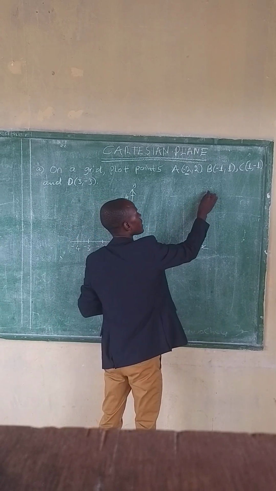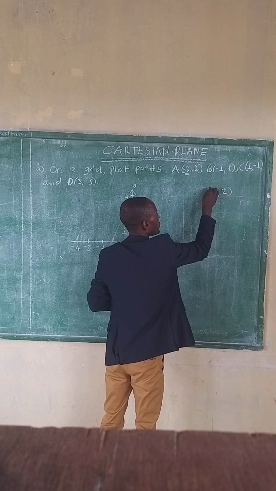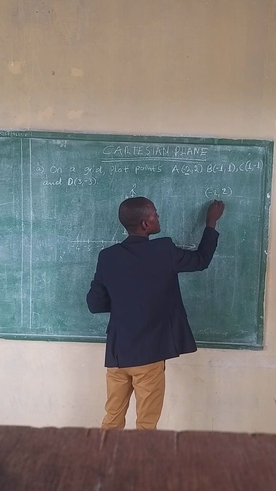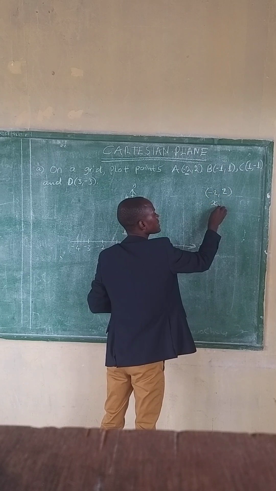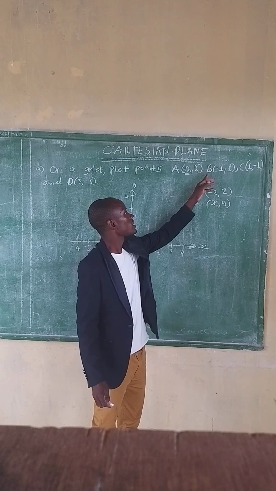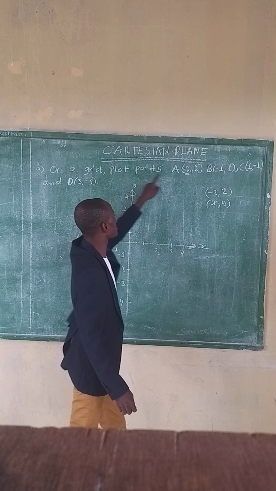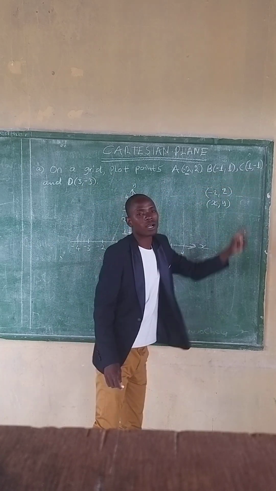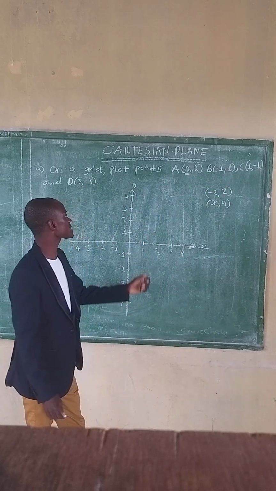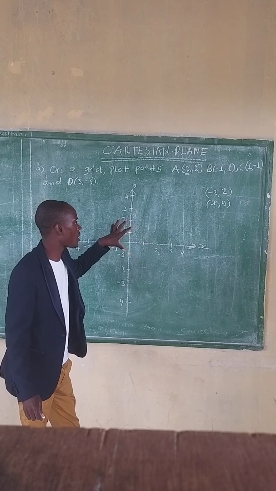So in this case, if you have (-2, 2), this is x and this is y. These numbers are the y's.